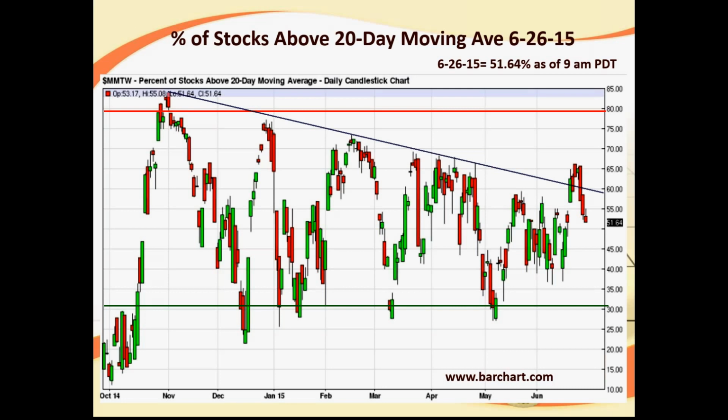I'll probably do in the Traders Report and The Art and Science of Active Trend Trading this week, a chart that also shows how the stocks are doing around their 150-day moving average, and that can sometimes be really enlightening. A significant number of stocks in the NYSE are actually below their 150-day moving average.